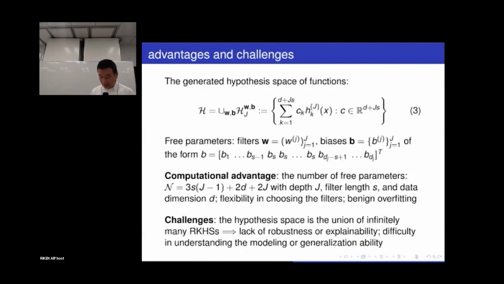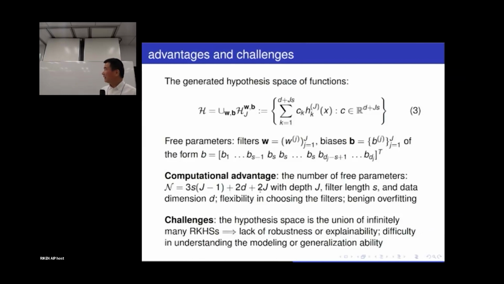And then the hypothesis space for learning is: you put all possible output functions together by taking the linear combinations of the last layer h_J. And of course, the filters w and the bias vectors are flexible. So the problem with deep learning training is the hypothesis space is the union of many, many reproducing kernel Hilbert spaces instead of one.